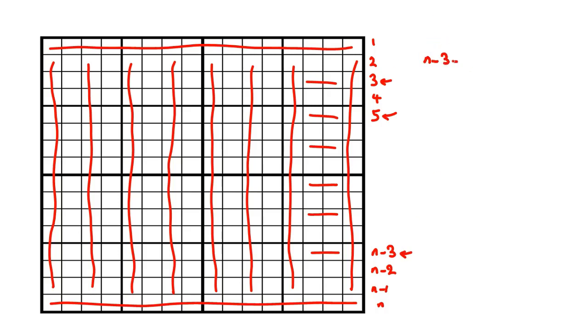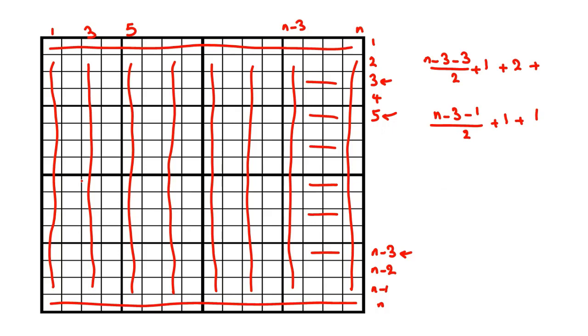It is n minus 3 over 2 plus 1. And then 2 because of the first one and last one. How many vertical? 1, 3, 5. Here it is n minus 1, n minus 2, n minus 3, plus n minus 3 minus 1 over 2 plus 1 plus 1.